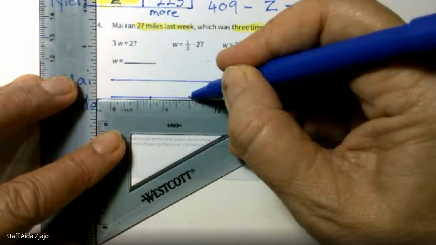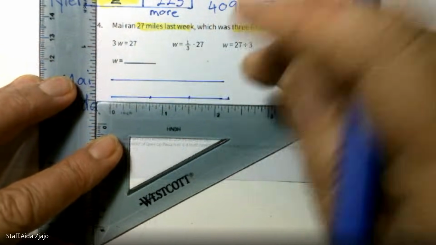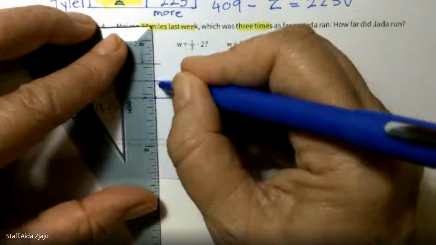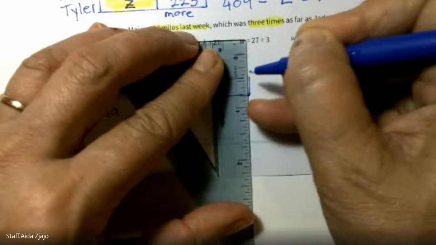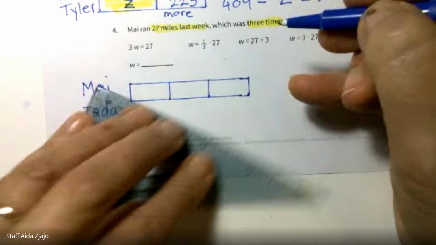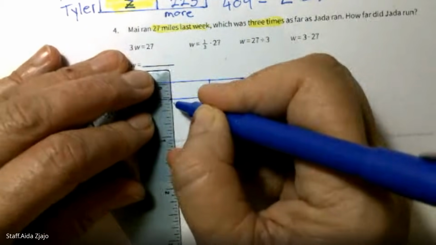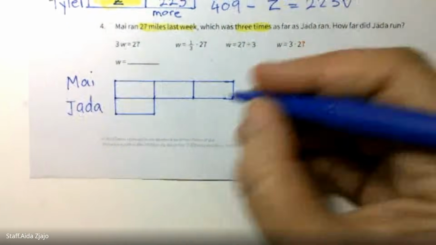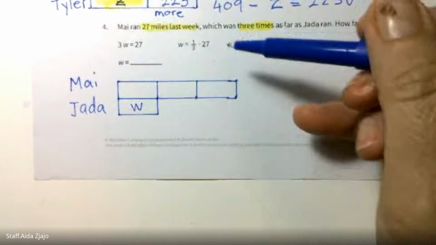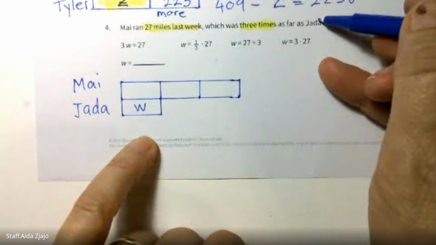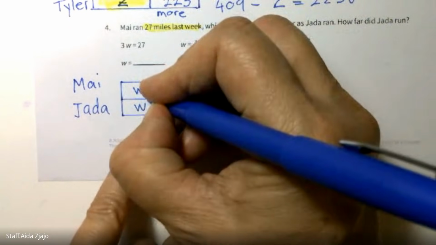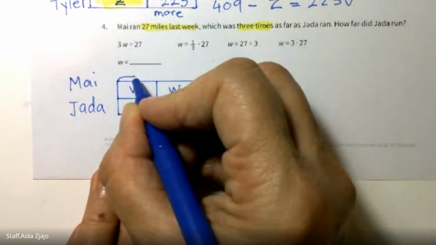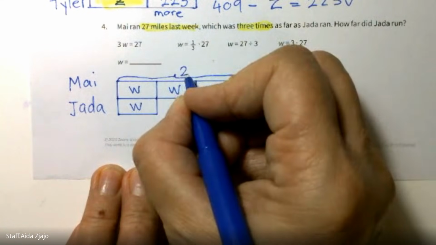So 1, 2, 3. Maya did 3 times Jada. If this is Jada, then Jada is W, so Maya is 3 times W. But we know this here is 27.